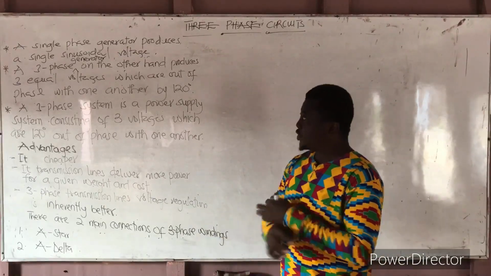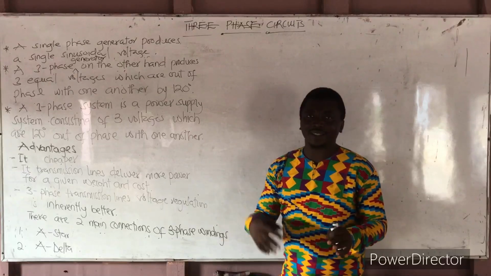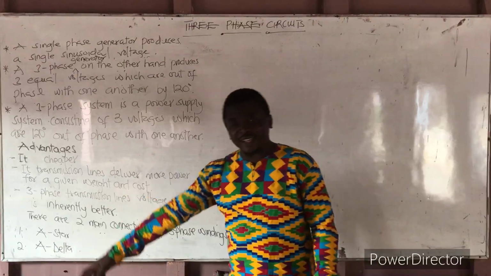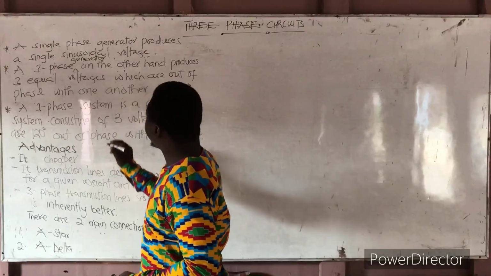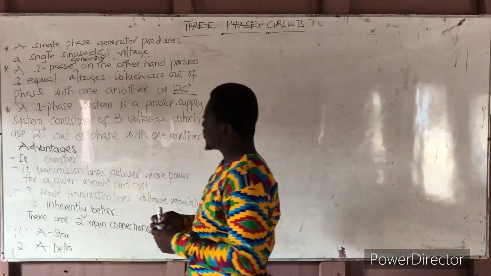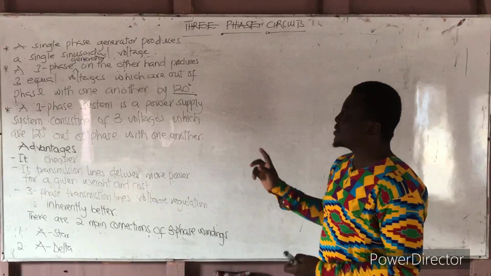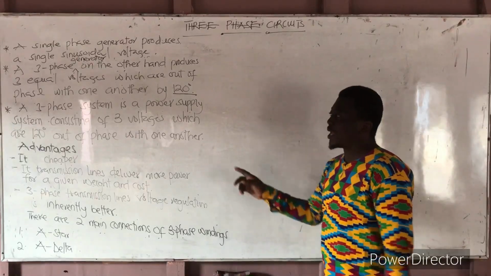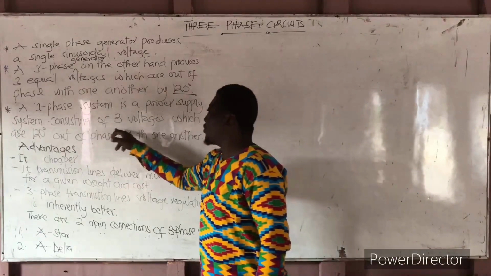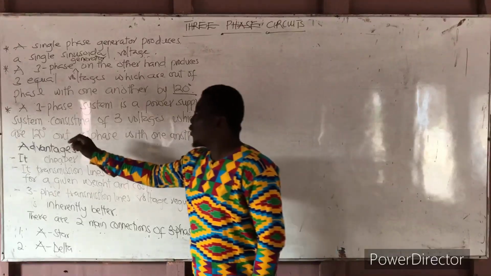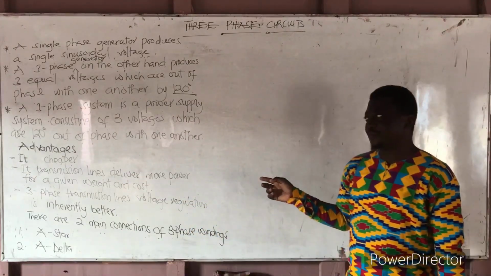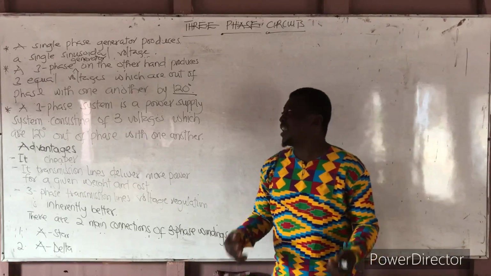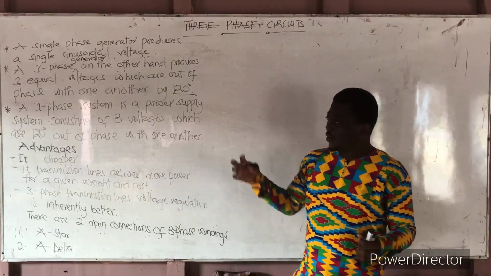But the most important thing between them is that each phase differs from the other by an angle of 120. A three-phase system is a power supply system consisting of three voltages which are 120 degrees out of phase with one another. Okay, one may ask, why three-phase?